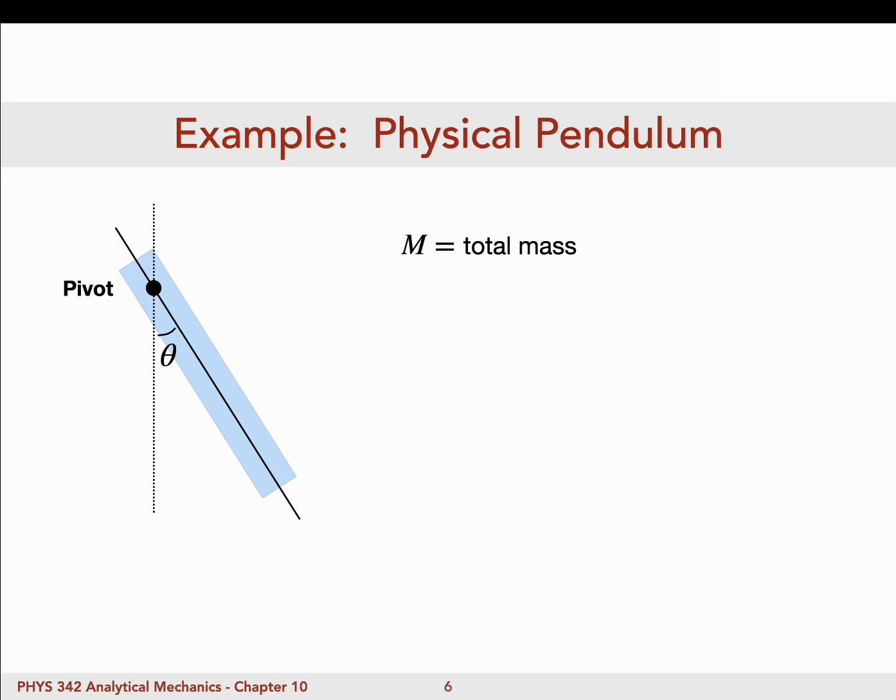Okay, so let's analyze this. This is again using methods that you've probably seen in 203. So m is the total mass. The center of mass, we're taking it to be the very center of the rod. A is the distance from the pivot to the center of mass point. When gravity pulls down on the rod, you may remember that it acts on the center of mass of the system.